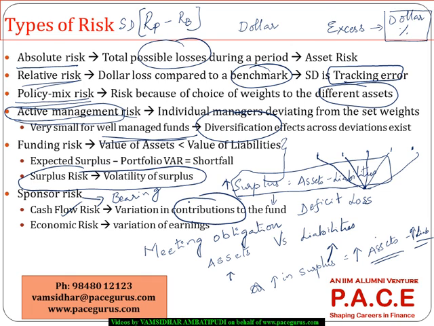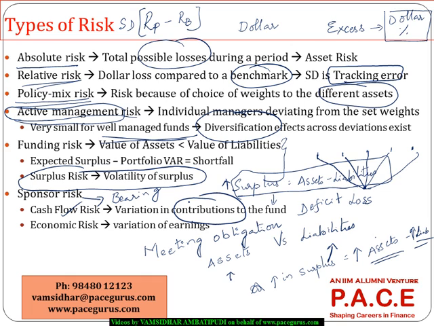So the contributions, probably in some cases, huge proportions are getting invested every period, whereas at some points in time, huge withdrawals are happening, creating a kind of variability. And because of that, proper planning in terms of investment becomes very difficult for the sponsor.